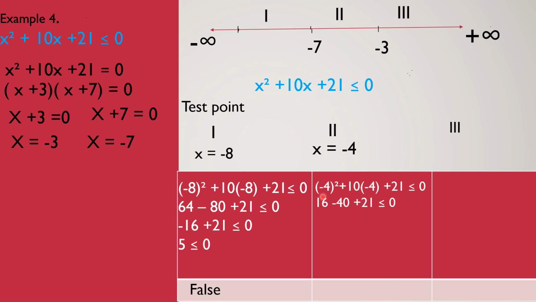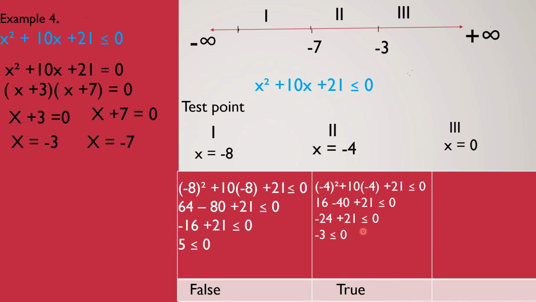Negative 4 squared is 16. And 10 times negative 4 is negative 40, plus 21, less than or equal to 0. So this is now 16 minus 40, that is negative 24, plus 21 is less than or equal to 0. And negative 24 plus 21 is negative 3, less than or equal to 0, which is true.